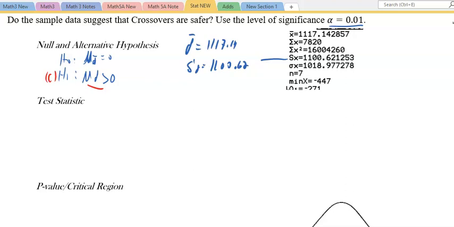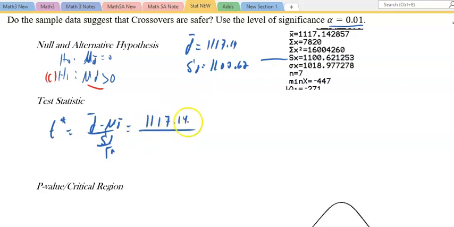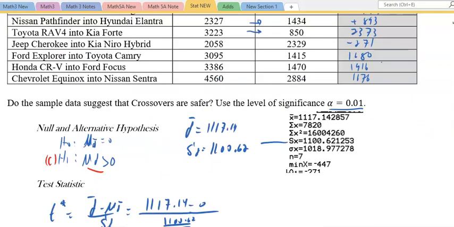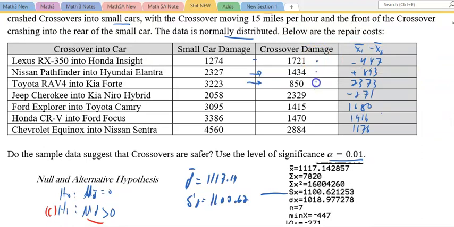And now I would go ahead and say, well, the test statistic is d bar minus mu sub d divided by s sub d divided by the square root of n. We got the average to be 1117.14 minus 0 divided by the standard deviation 1100.62 over the square root of n, and n happened to be 1, 2, 3, 4, 5, 6, 7.